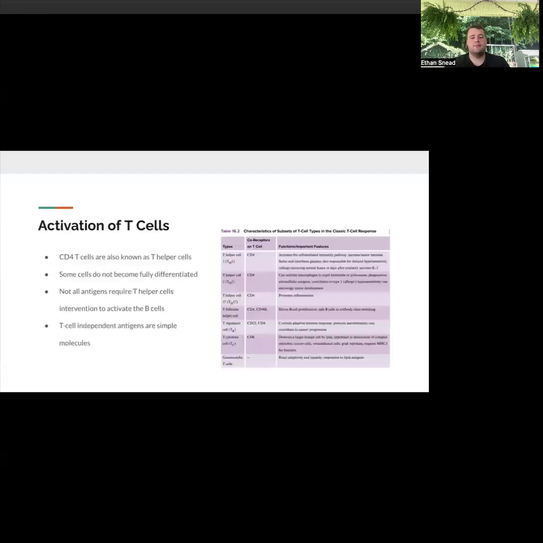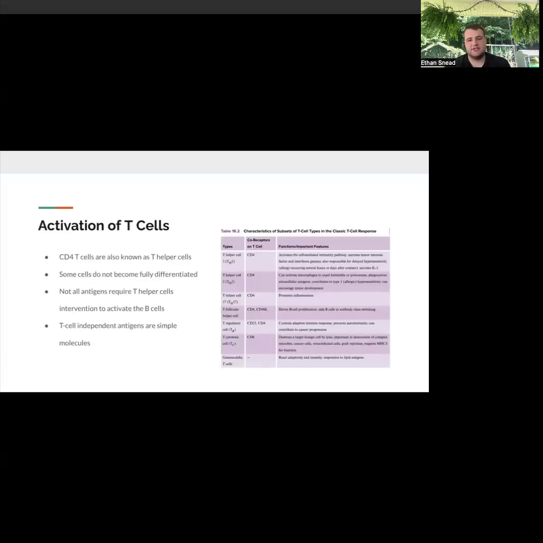Right now, we're going to talk about activation of the T cells. CD4 T cells are known as T helper cells, and they bear antigen specific T cell receptors that bind to the antigens held by the MHC molecules.